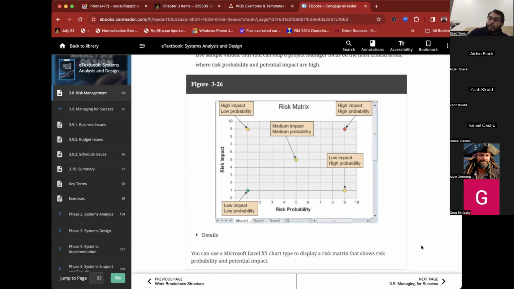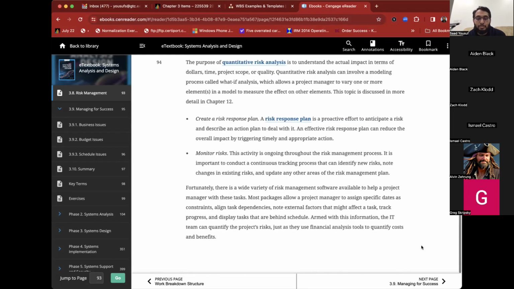Or you can have low impact, high probability: it could occur a lot, but whenever it occurs, it will have a very minimal impact on the project. Or high impact, high probability, or medium impact, medium probability. These are different kinds of impacts it can have on the project. So the purpose of the quantitative risk analysis is to understand the actual impact in terms of dollars, time, project scope, or quality.